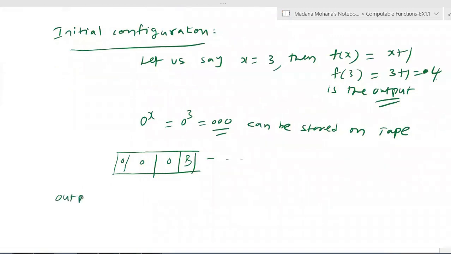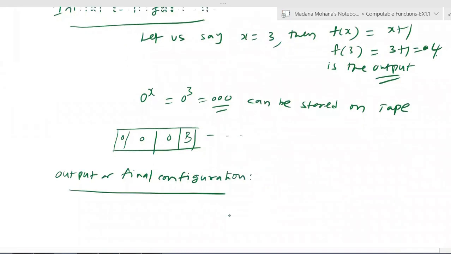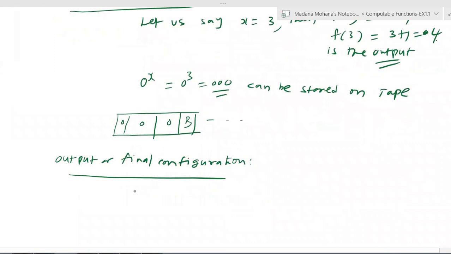Then what is the output, or final configuration? The final configuration or output is 0 power 4. That will be on the tape, then the Turing machine halts.